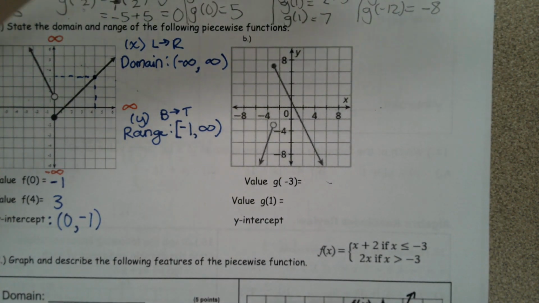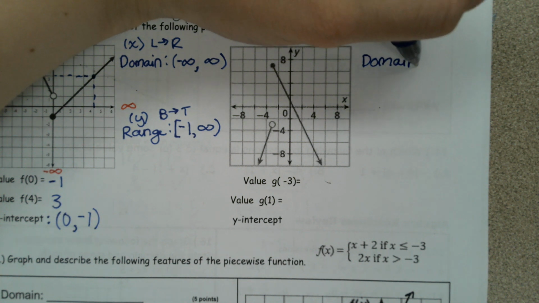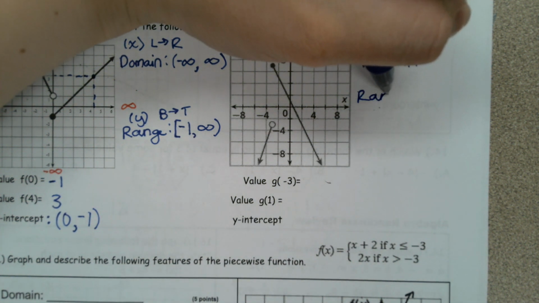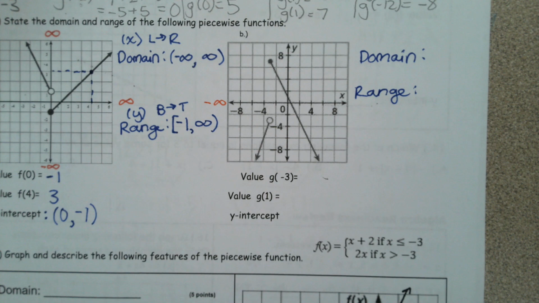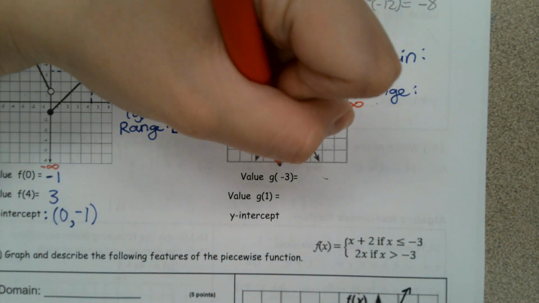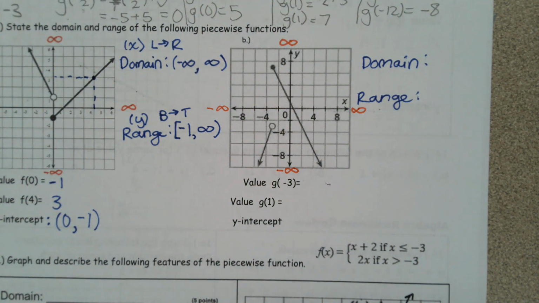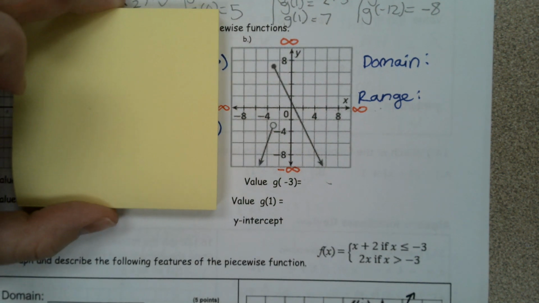We got to do domain and range again. Let's remind ourselves of the infinities. Left is negative infinity. Right is positive infinity. Up is positive infinity. Down is negative infinity. So domain, we go from left to right. We're going to start on the left side here with negative infinity.